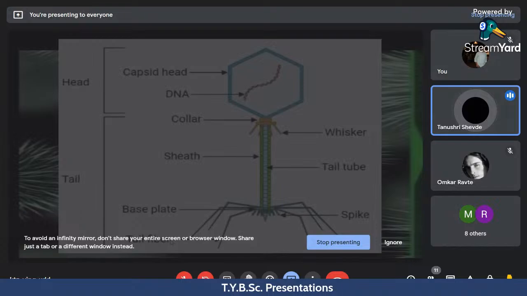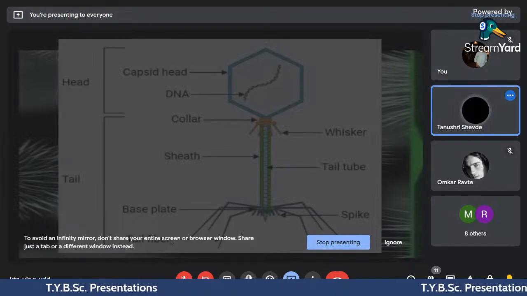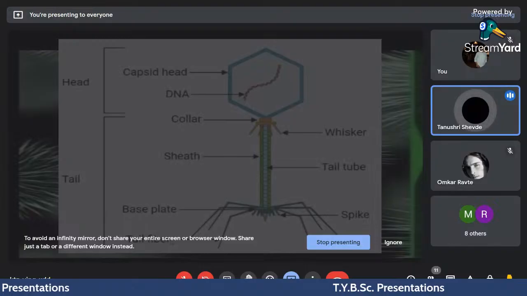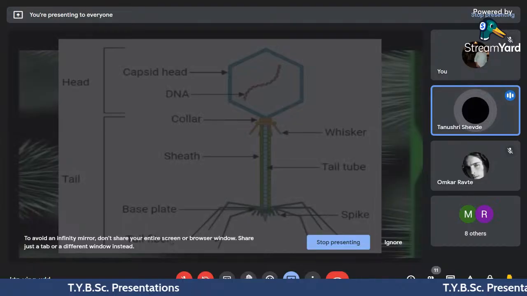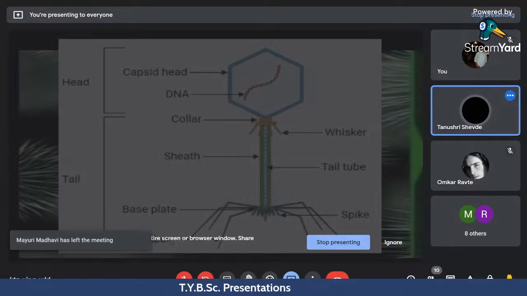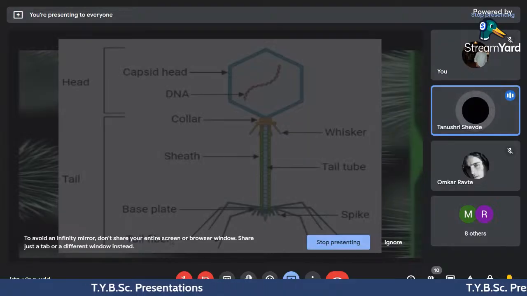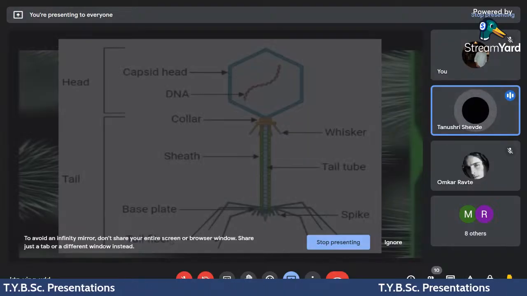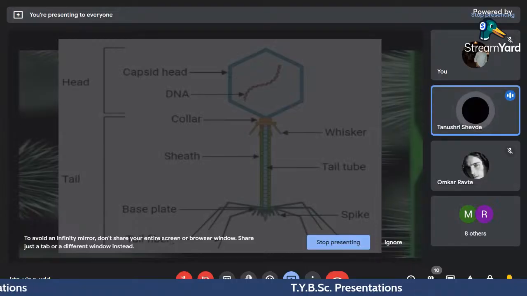It is composed of a head and tail fibers, and the head is made up of a protein coat, which is known as the capsid, and it encapsulates the genome. It consists of a polyhedral head and there can be 2000 capsomers, with the double-stranded DNA enclosed within it.